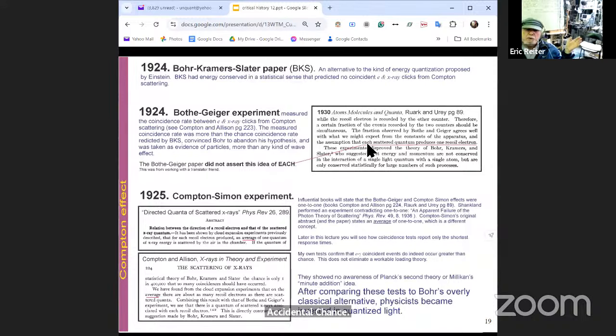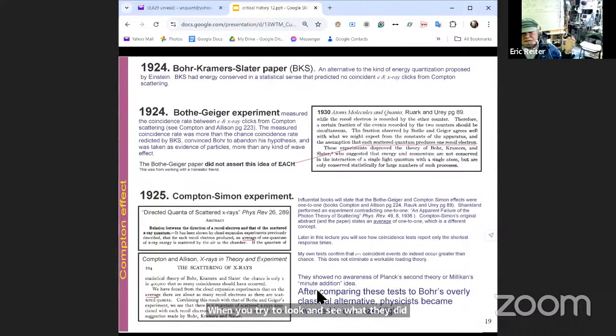And so then Bohr and friends gave up on the earlier statistical model, and it just went that way where everyone was thinking in terms of particles. And then the Compton and Simon experiment, it looked like it was coincidences, but just how much, and whether it's an average or each or one-to-one property, it's pretty ambiguous when you try to look and see what they did.